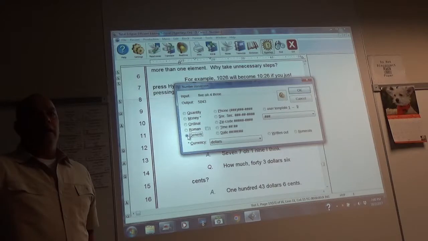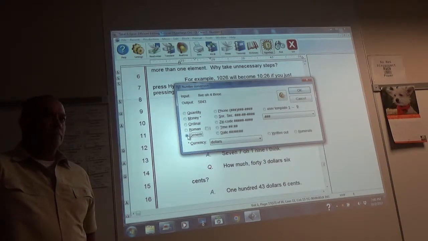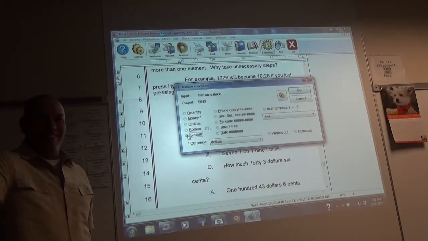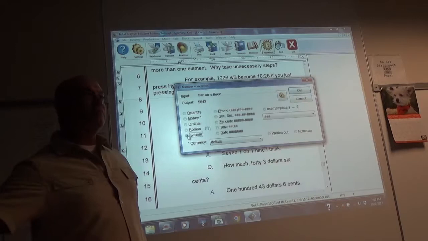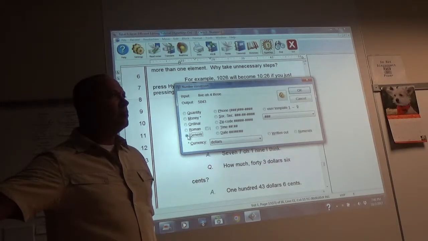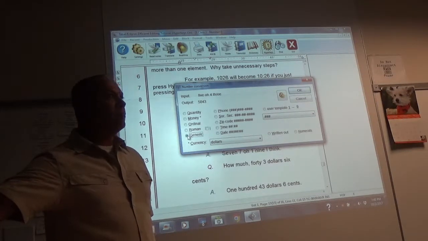You did it. How? Oh, in hyperkeys, you can press shift N. You have to highlight the whole number, so 5043, and then you hit shift N and then generic, because it's just a regular number.